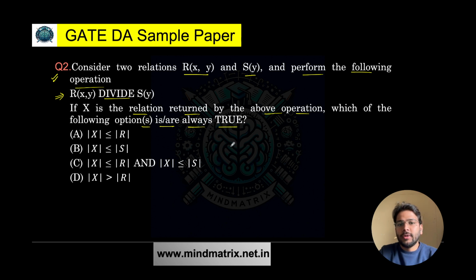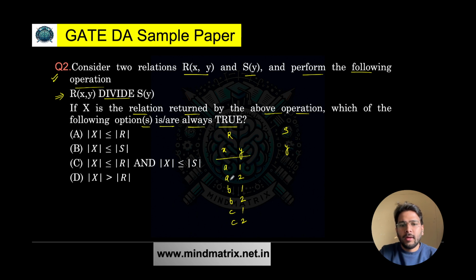So in order to solve this question, we need to take some examples. Okay. So let's say this is my relation R, and here we have 2 attributes X and Y, and here we have S, and it has 1 attribute, that is Y. Let's say I have data like this: A1, A2, B1, B2, C1, C2.